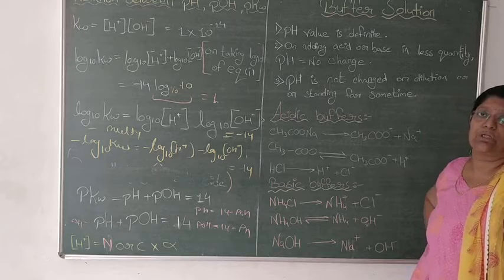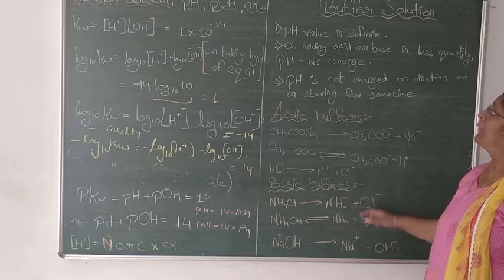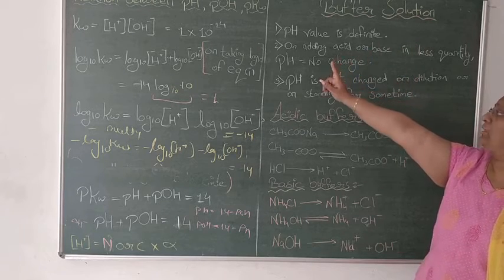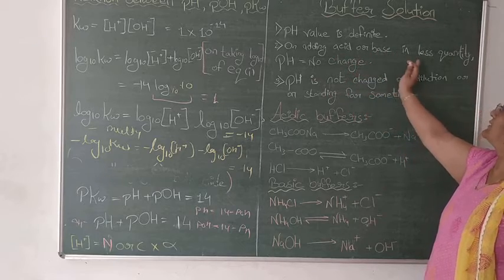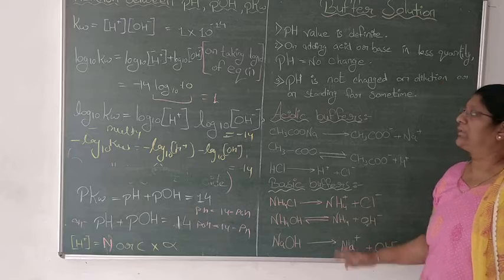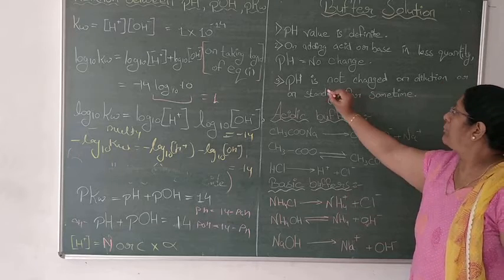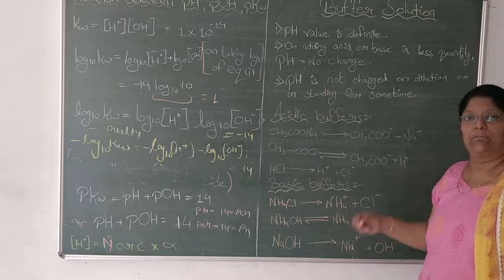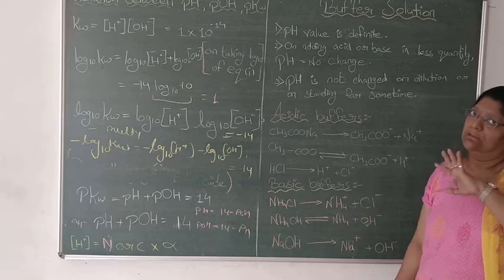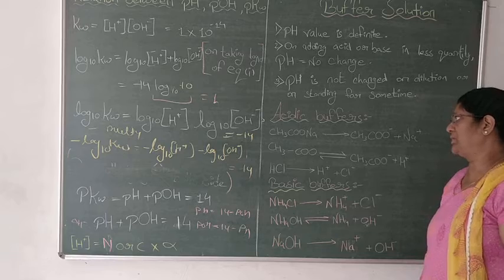Such a solution is considered a buffer solution. The characteristic of a buffer solution is that the pH value will be definite. On adding acid or base in small quantity, the pH will not change, nor on dilution or on standing for some time.